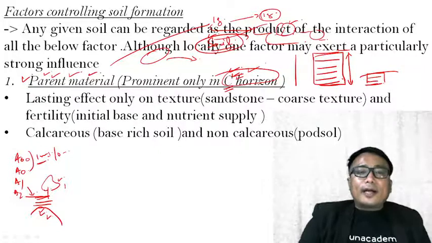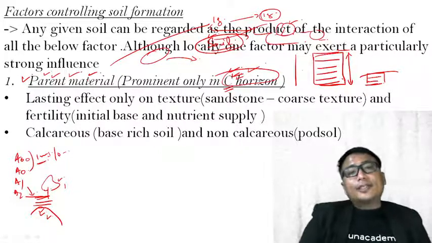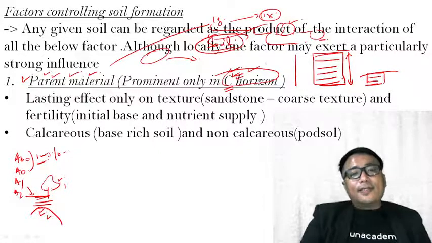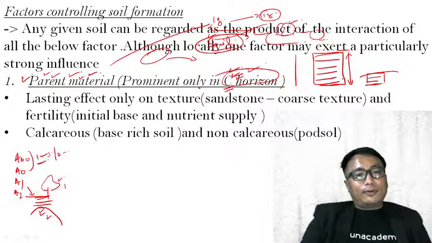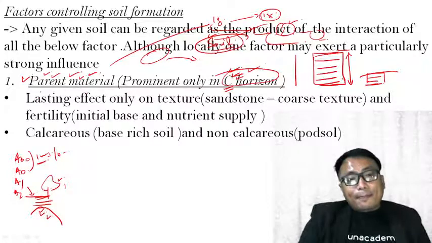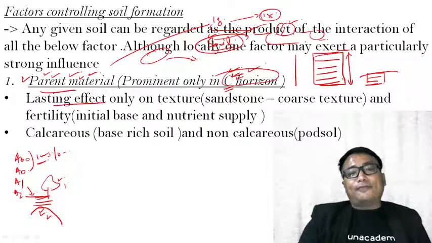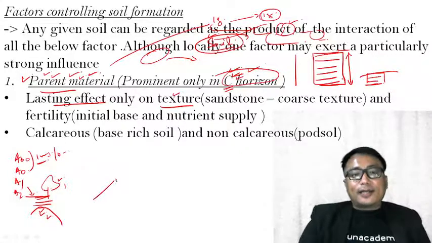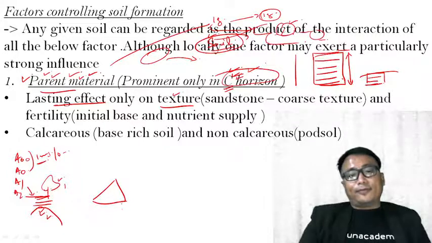But one other important characteristic of the soil is determined by this parent material, the parent rock. What are those? The parent rock has a lasting effect on the texture. The texture of the soil we have already seen regarding that triangle, if you remember.